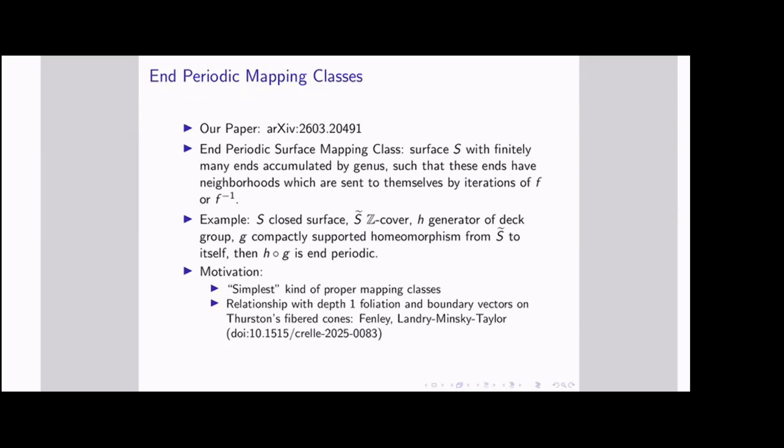to the 1980s, but there's also more recent work by Landry-Minsky-Tyler, where they essentially show that we have the complete correspondence between end-periodic mapping classes with some further conditions and monodromies of depth 1 foliations. So yeah, they have a more detailed argument. So this is the motivation.